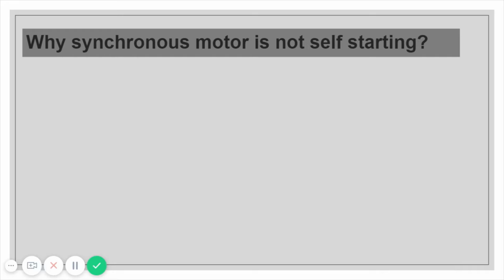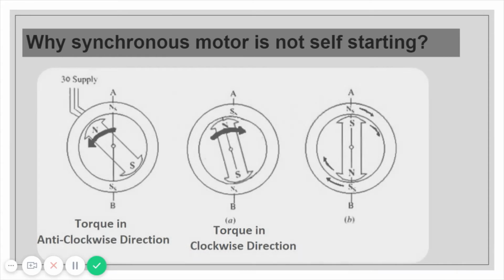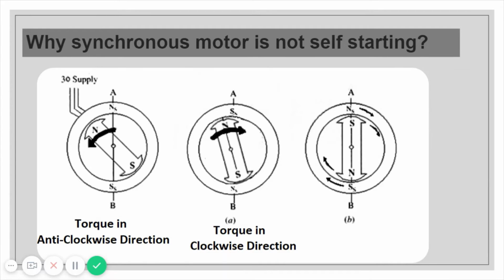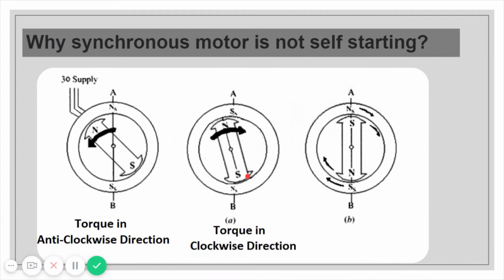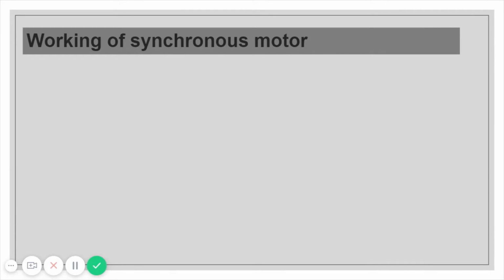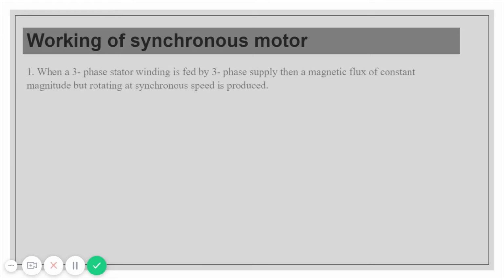Now, why is the synchronous motor not self-starting? Basically, you can see here three diagrams with a torque in an anti-clockwise direction. There is one torque in clockwise direction, and by this diagram you can learn about the working of synchronous motor.